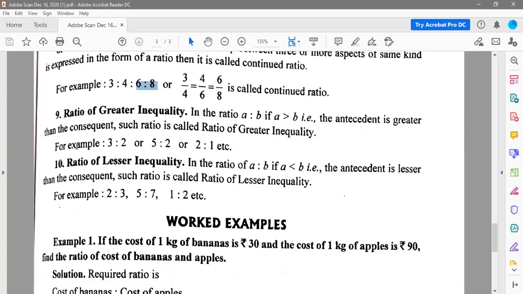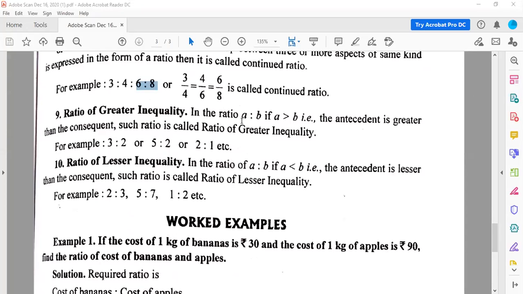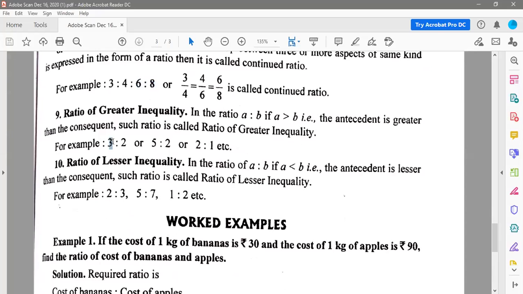Okay, next, ratio of greater inequality. In a ratio A is to B, if A is greater than B, that is, the antecedent is greater than the consequent, such a ratio is called a ratio of greater inequality. If you see the example, the antecedent is 3 and the consequent is 2.